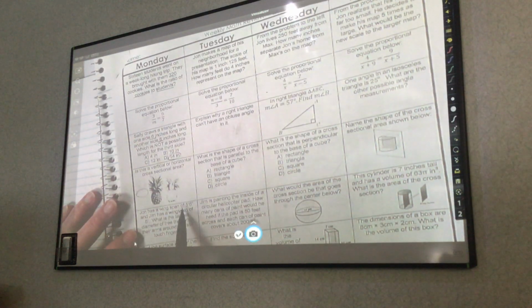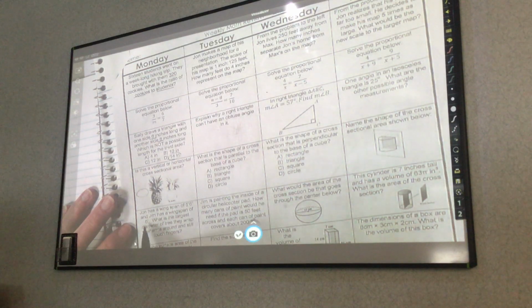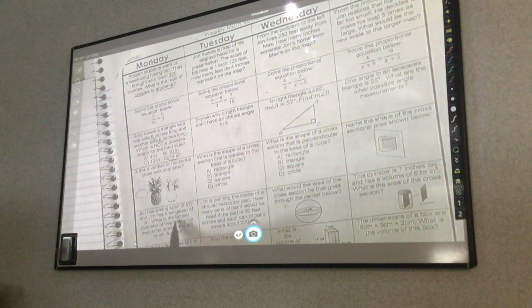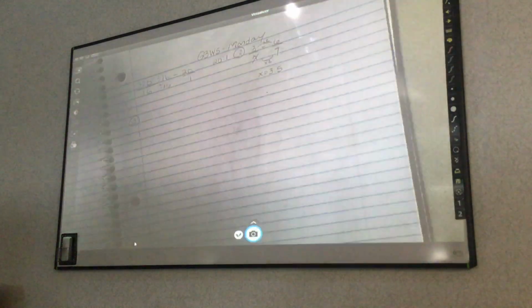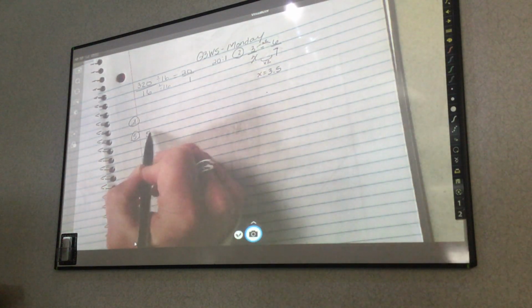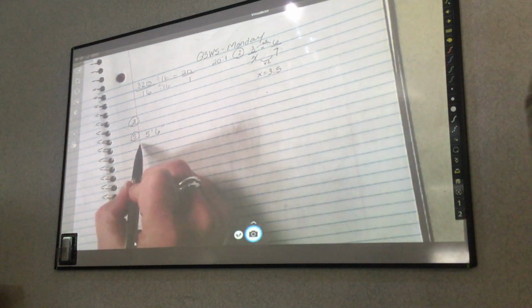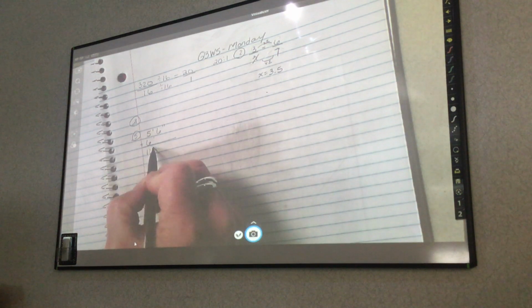John has a wingspan of 5 foot 6 inches, and Jim has a wingspan of 6 feet. What is the largest diameter of tree they can wrap their arms around and still touch fingers? Okay, so we've got 5 feet 6 inches, plus another 6 feet is 11 feet 6 inches.